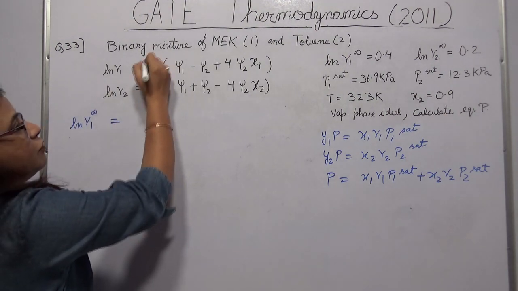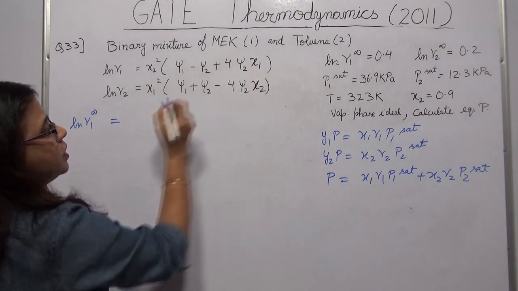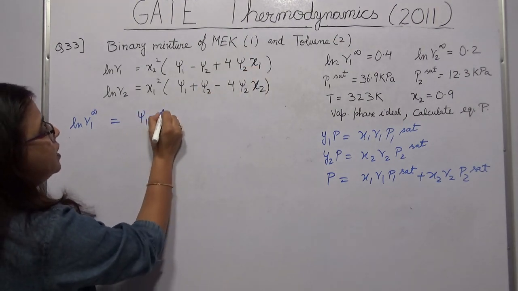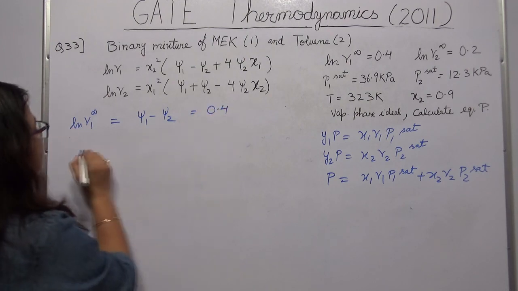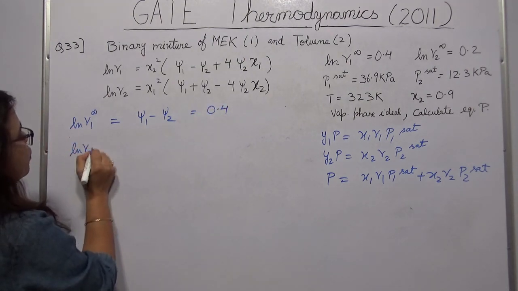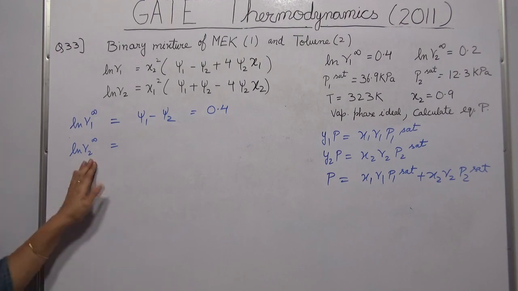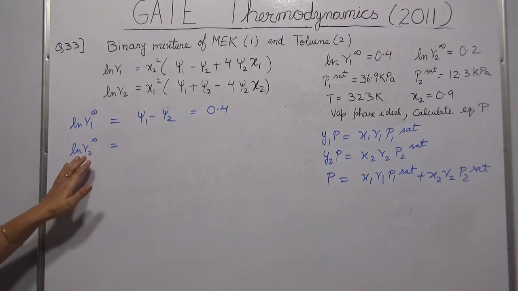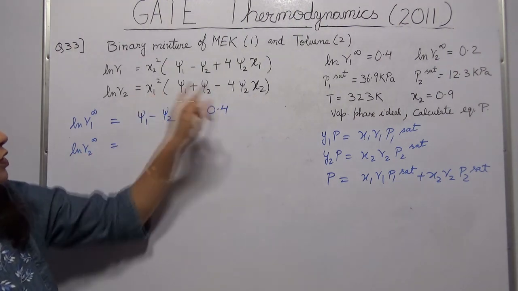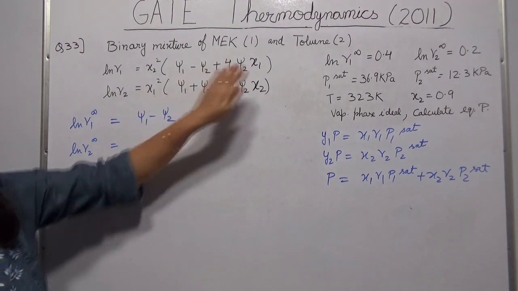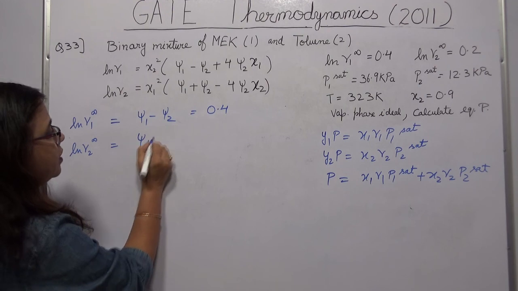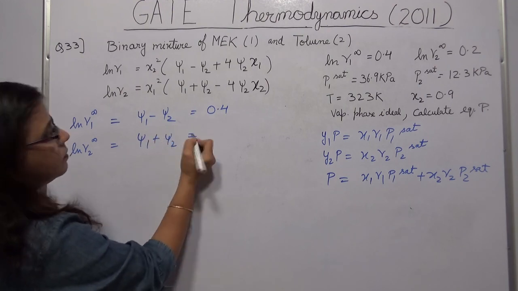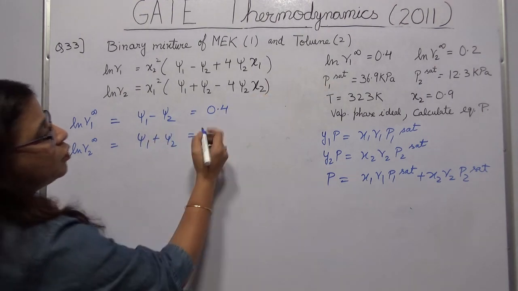So this term will be 1 and this term will become 0, and what I am left with is only psi 1 minus psi 2, and that is equal to 0.4. Similarly, for ln gamma 2 at infinite dilution, your x2 tends to 0 in this equation and x1 tends to 1. So this term goes to 0, this is 1, so I am left with only psi 1 plus psi 2, that is equal to 0.2.